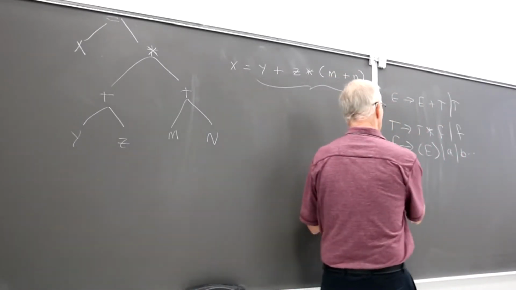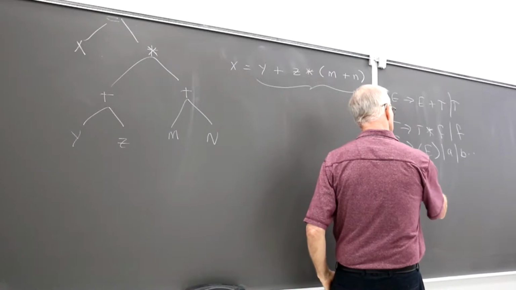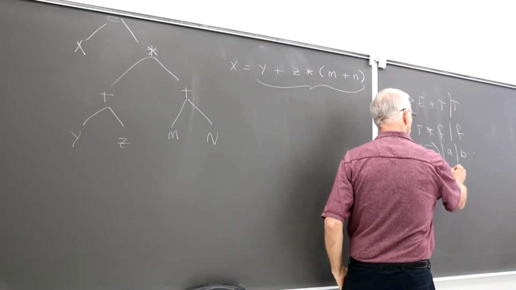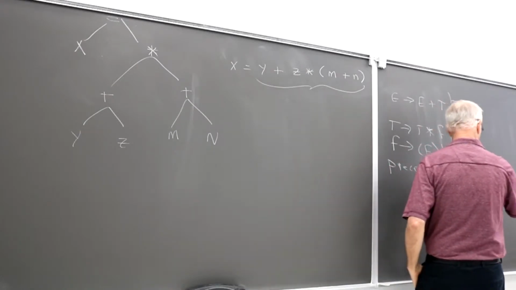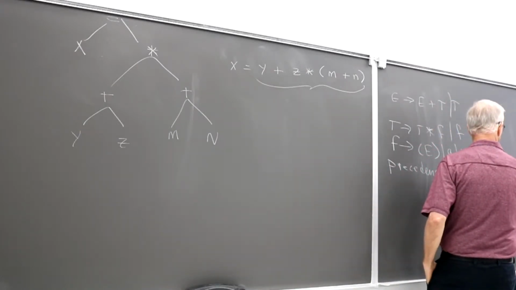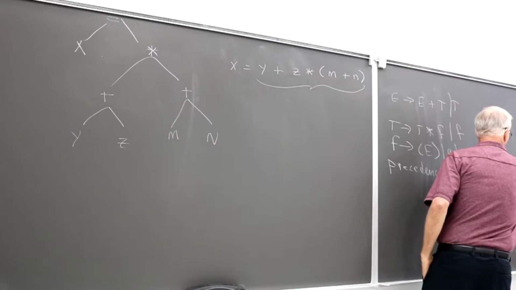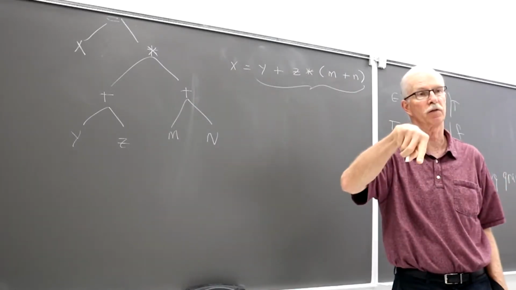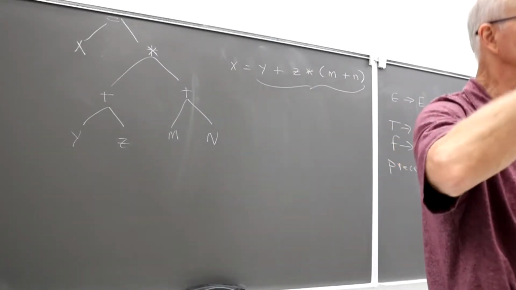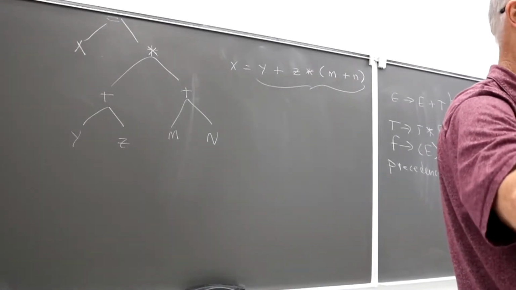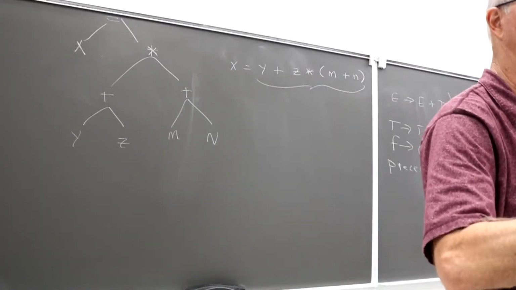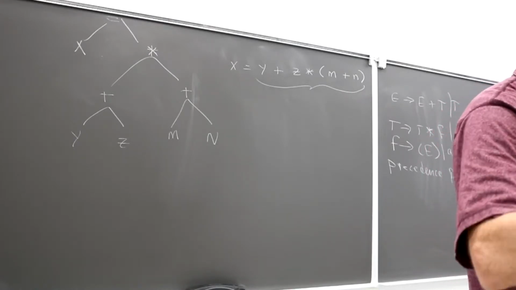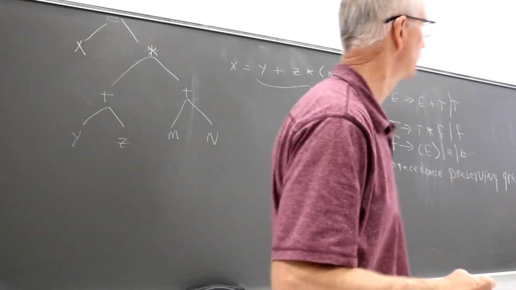This is a precedence preserving grammar. And the grammar you're given in C minus is a precedence preserving grammar, unless you wreck it somehow. And students have wrecked it in the past for whatever reason. No need to wreck it.